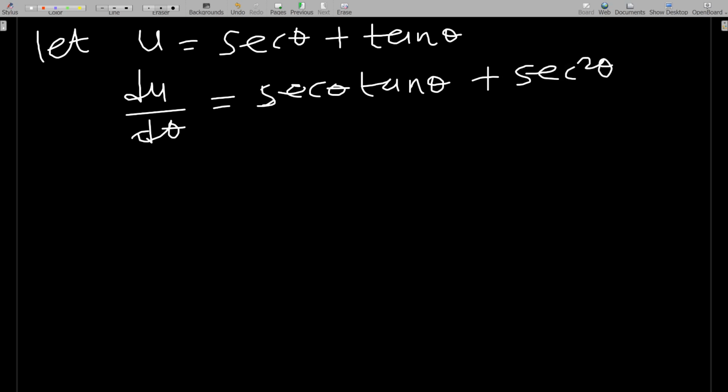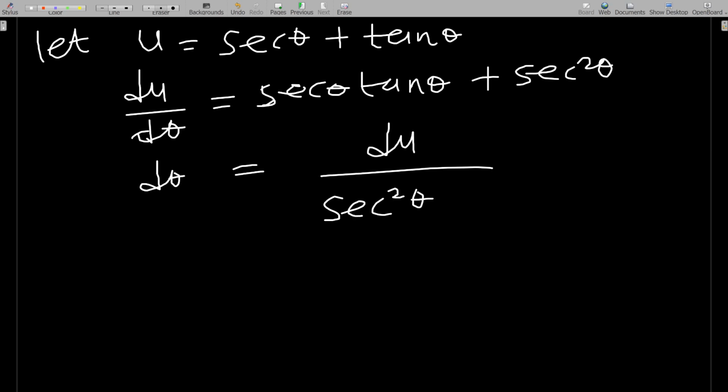Making d theta the subject, d theta will be equal to du over sec squared theta plus sec theta tan theta.